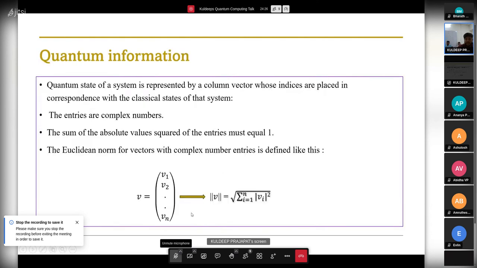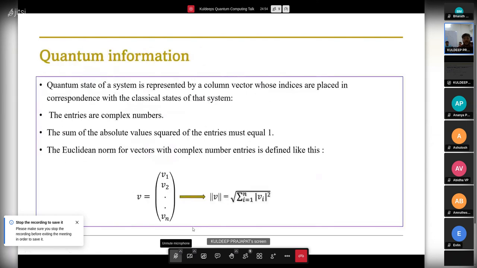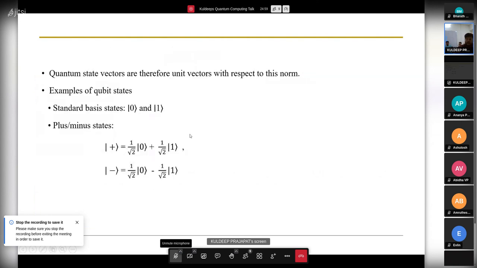Now, how do we write this information from a quantum perspective? We take the same idea as in classical mechanics and write it as a column vector, but we have to make sure of two things. First, all the entries are complex numbers, and second, the absolute squares of these entries should sum to 1.